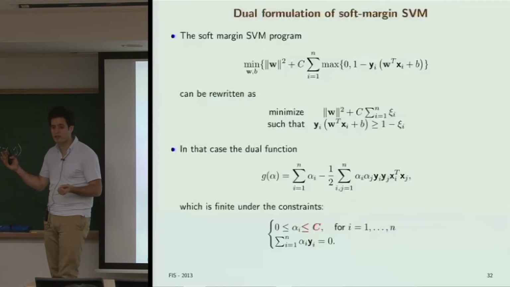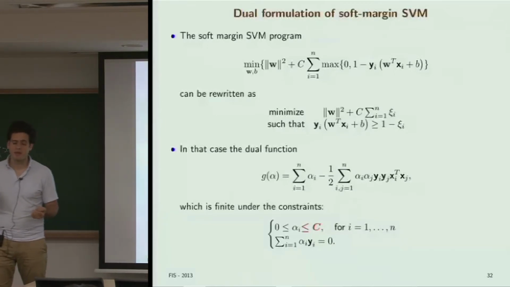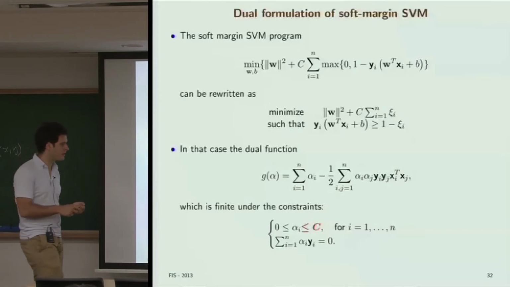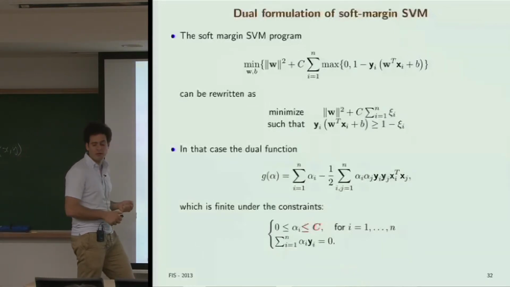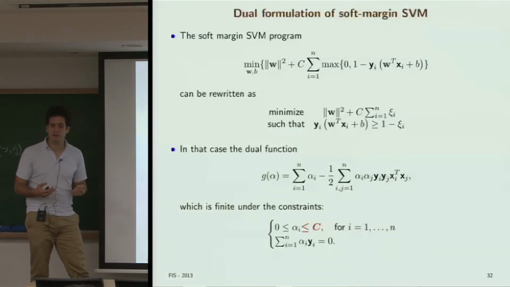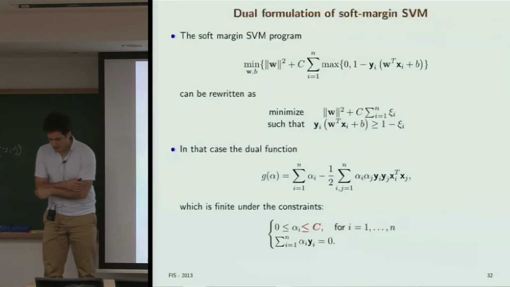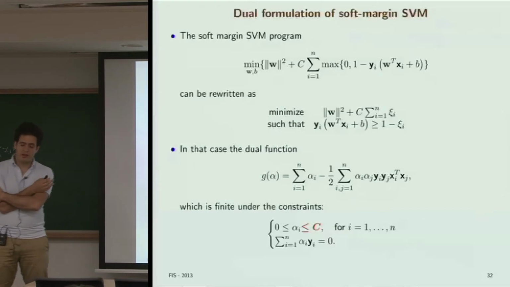If you let C go to infinity, then basically you don't care anymore about W. The only thing you care about is making as few mistakes as possible, and then you will find a hyperplane that tries to separate by making the fewest mistakes possible.